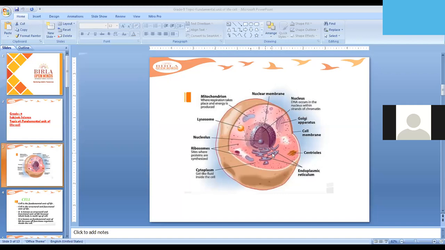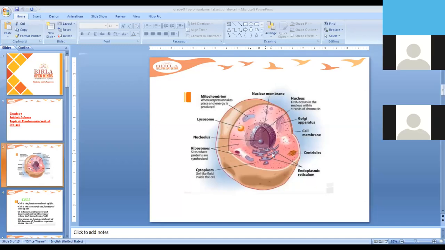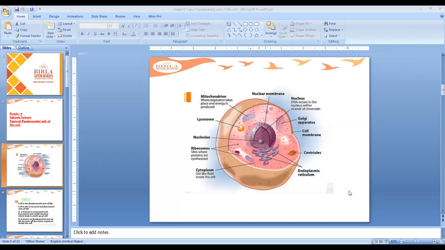Usually we find this endoplasmic reticulum attached to a cell organelle. What is that cell organelle to which the endoplasmic reticulum is attached? Can anyone say? It is being attached here.